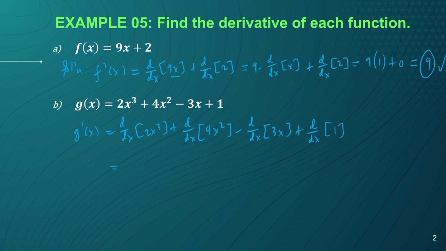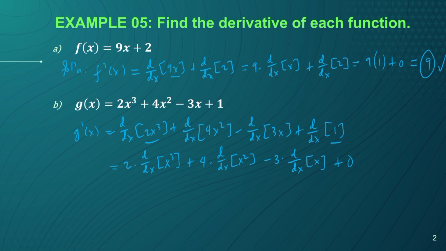Simplifying further, factor out 2 times the derivative of x cubed, plus factor out constant 4 times d over dx of x squared, minus factor out constant 3 times d over dx of identity function x, plus the derivative of constant, which is 0.